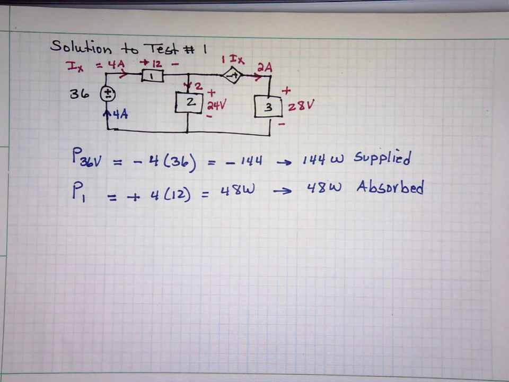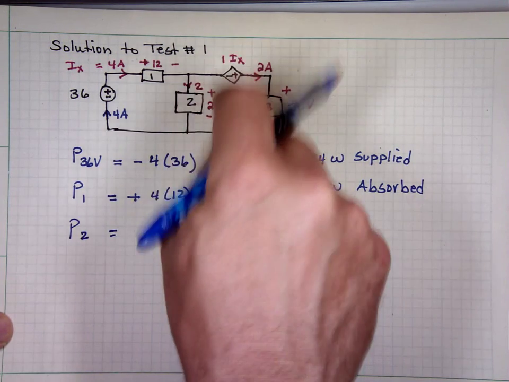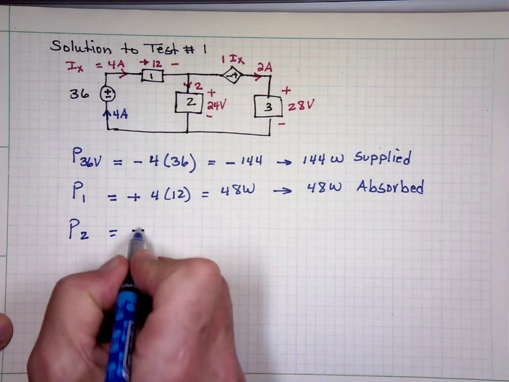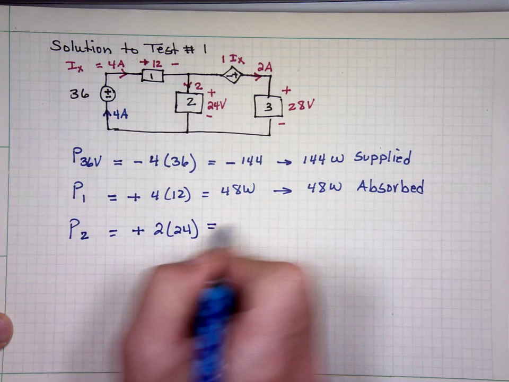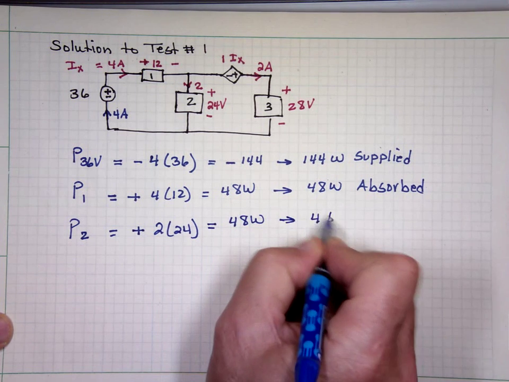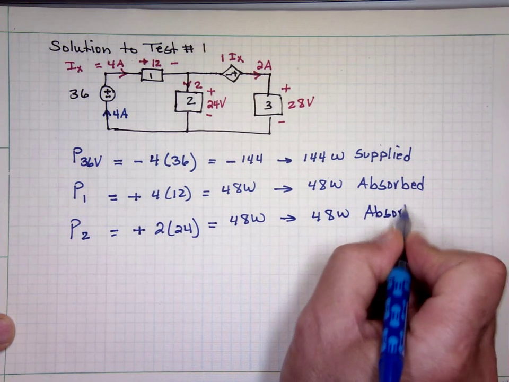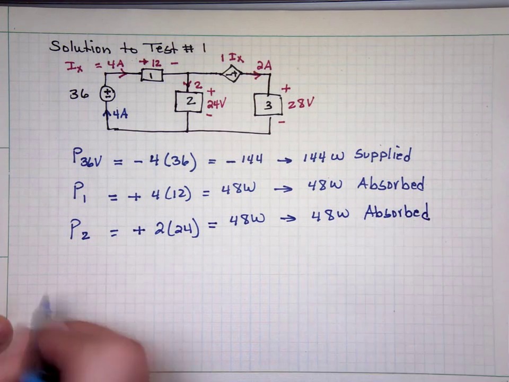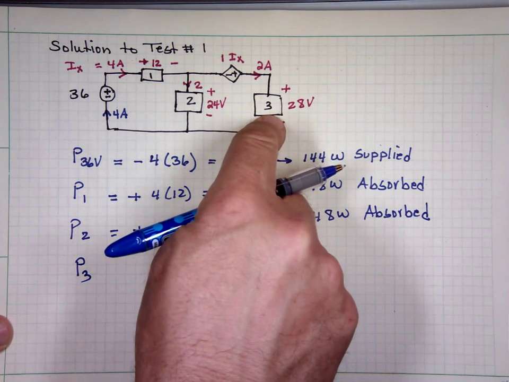So let's look at element 2. We have a positive current entering the positive terminal. That's a positive 2 times 24, which is what? 48 watts. Power by the third element, that's this one.